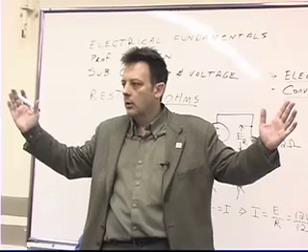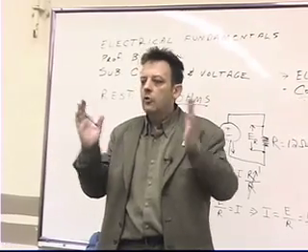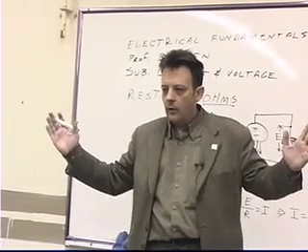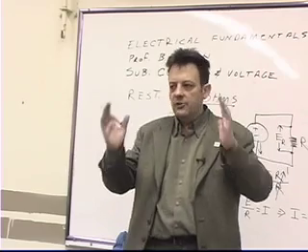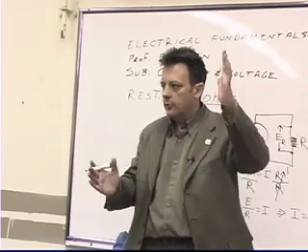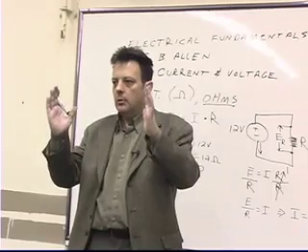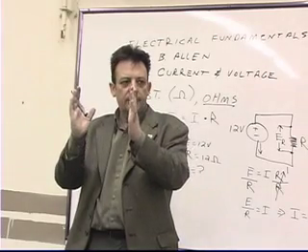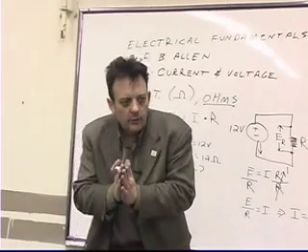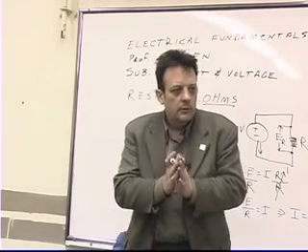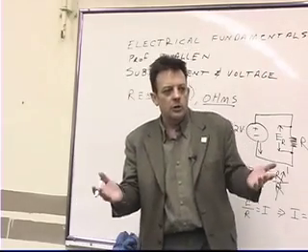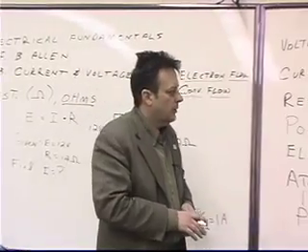Push apart. They repel. So like charges repel. What about unlike charges? An electron and a proton. Bring them close together, what happens? They attract. Okay? And particles that have no charge, it's not even worth talking about.